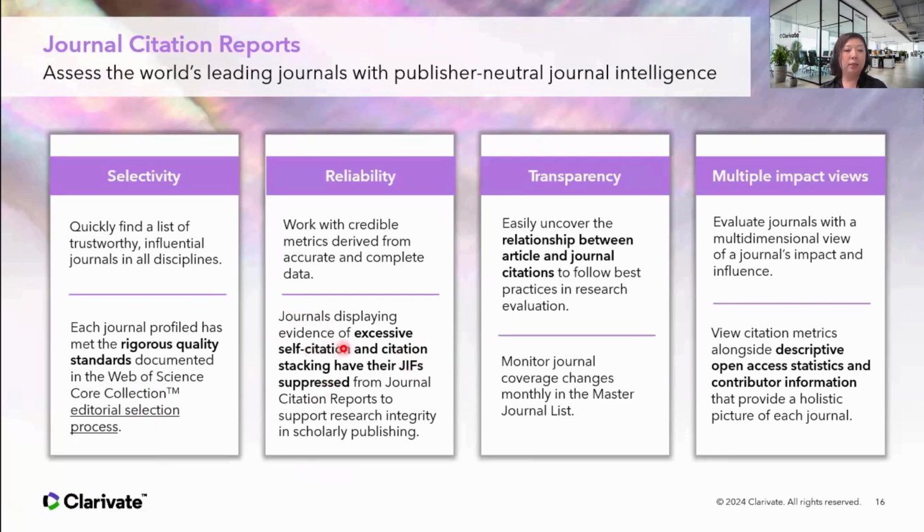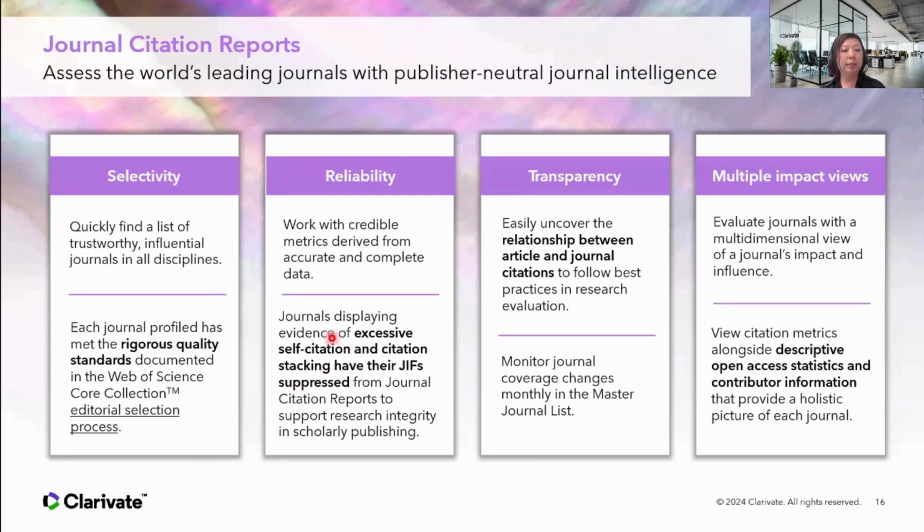So any journals that display excessive self-citations, and we're talking about journal self-citations, not the author's self-citation, yeah? And citation stacking. Citation stacking means that journals of the same publisher, of the same subject category, cite each other. Then that's what we call citation stacking.